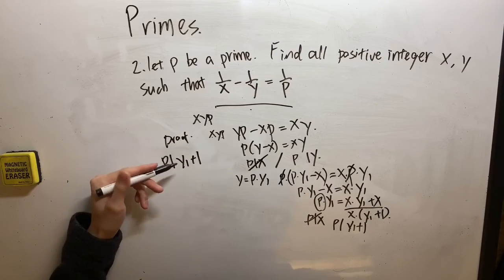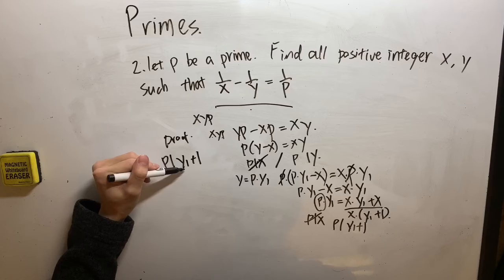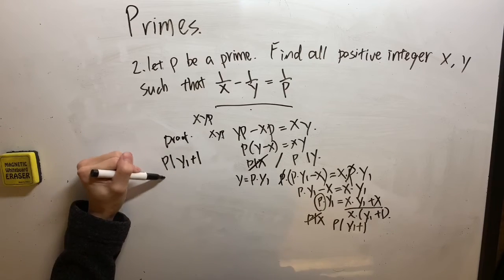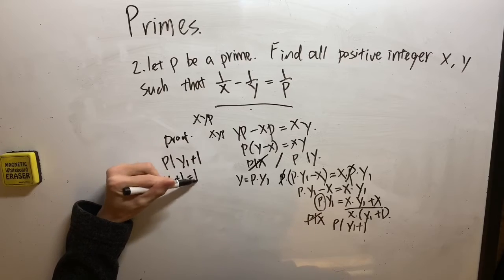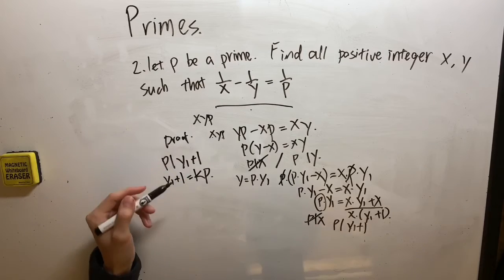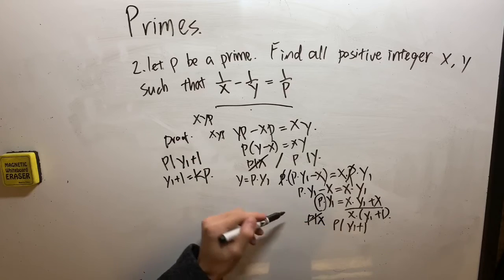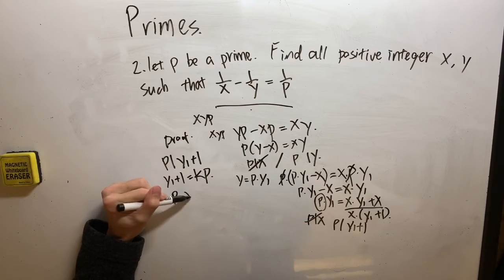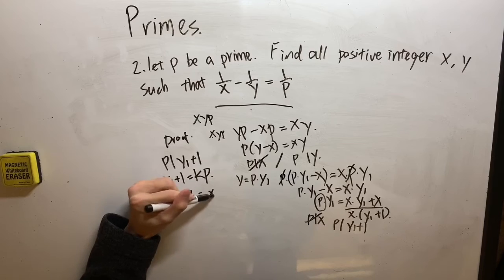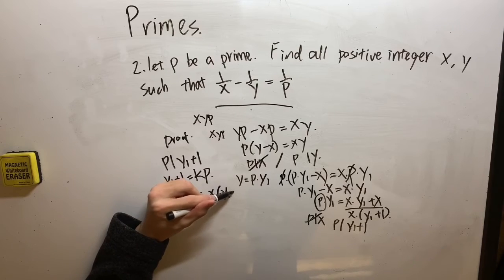Let's keep doing that. Let y1 plus 1 equal kp. Then let's see this equation, p times y1 equals x times y1 plus 1.